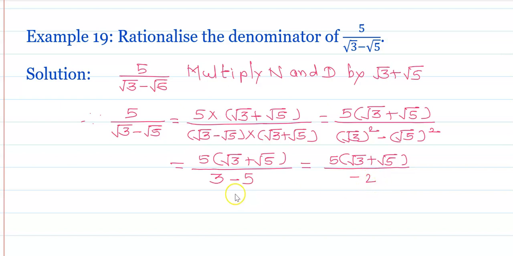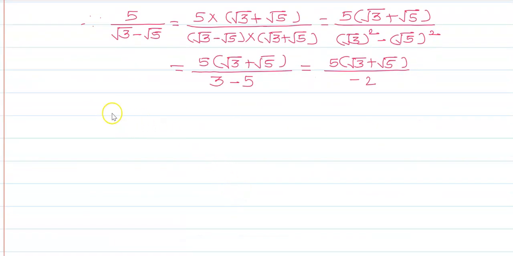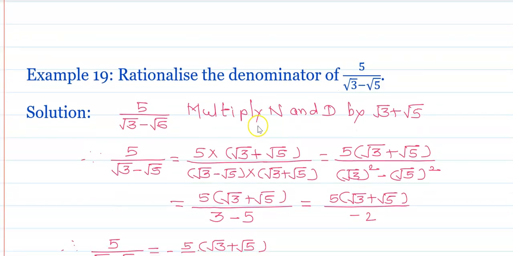You will get minus 2. Okay, and therefore the expression 5 upon root 3 minus root 5 equals minus 5 upon 2 into root 3 plus root 5, and in this way.